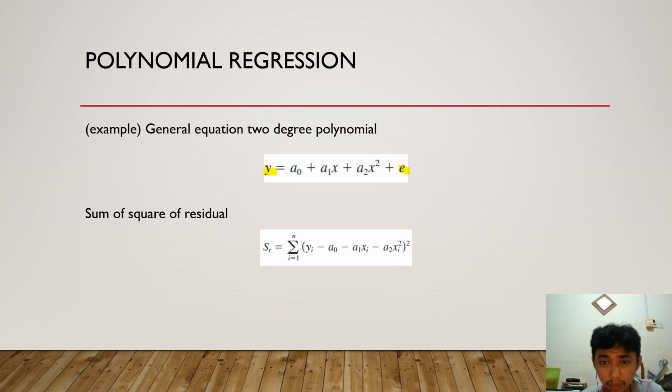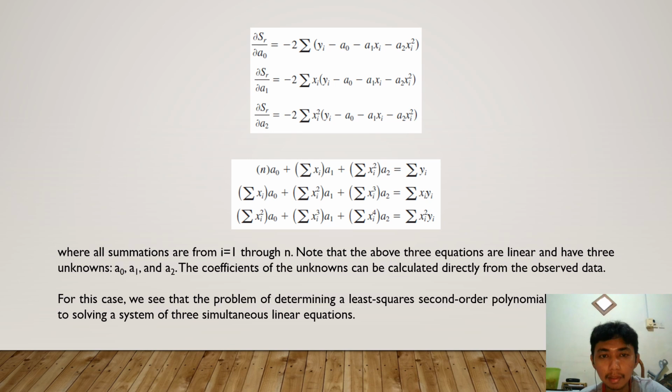We move e to the left-hand side and y to the right-hand side, then we obtain SR, the sigma of the error squared, which is called the sum of squares of residuals.